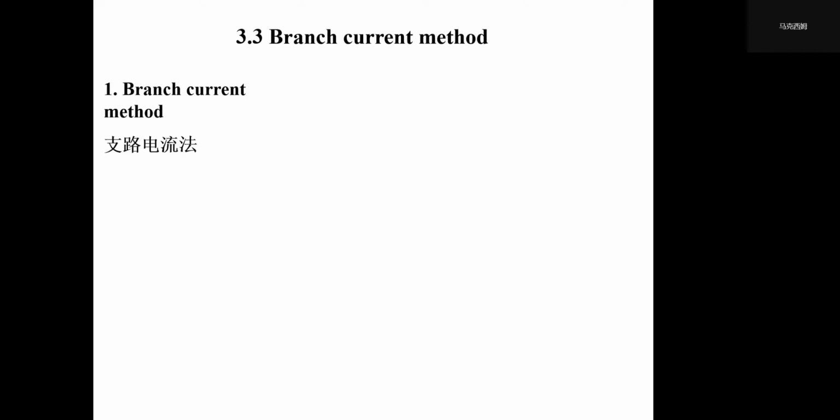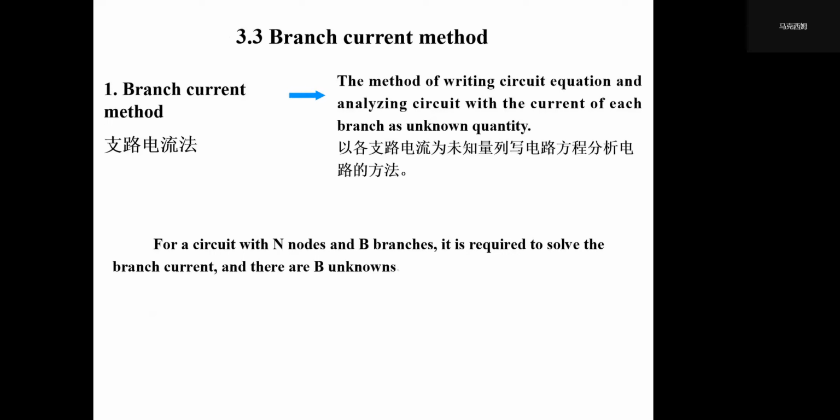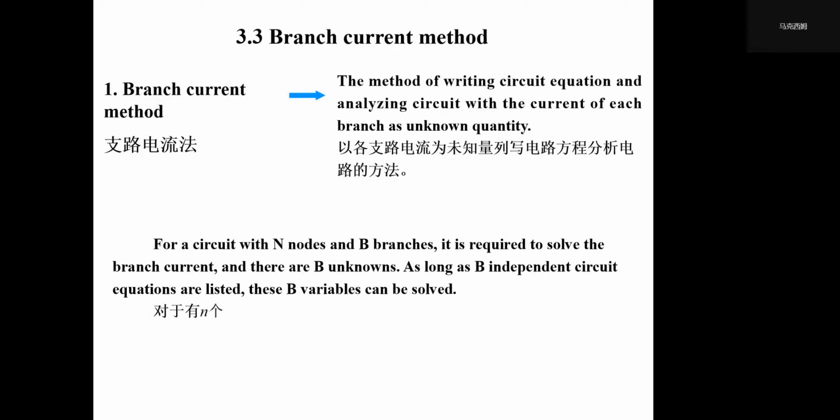First, we have learned about the branch current method, right? So we take the branch current from every branch as the unknown variable to list the equations about the inner relationship between the branch voltages and the branch currents.